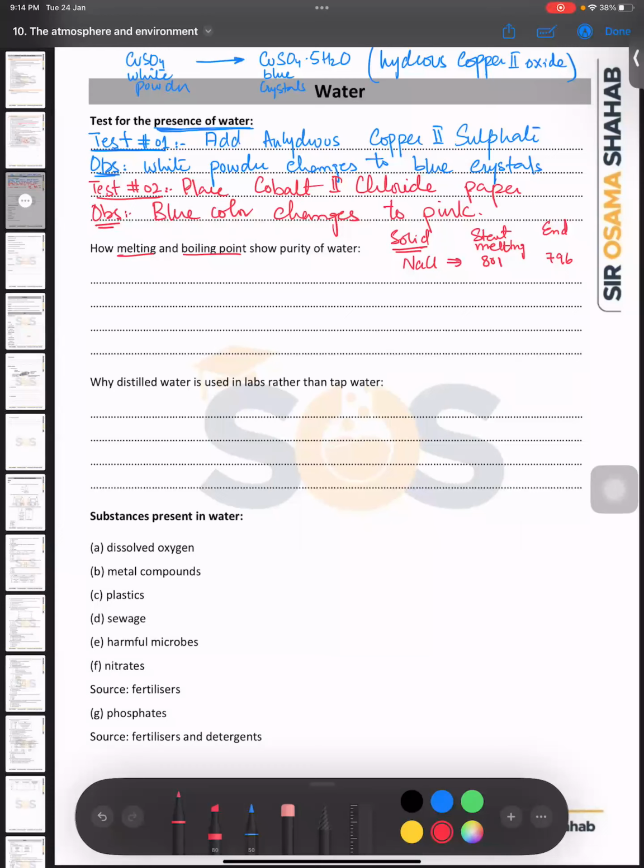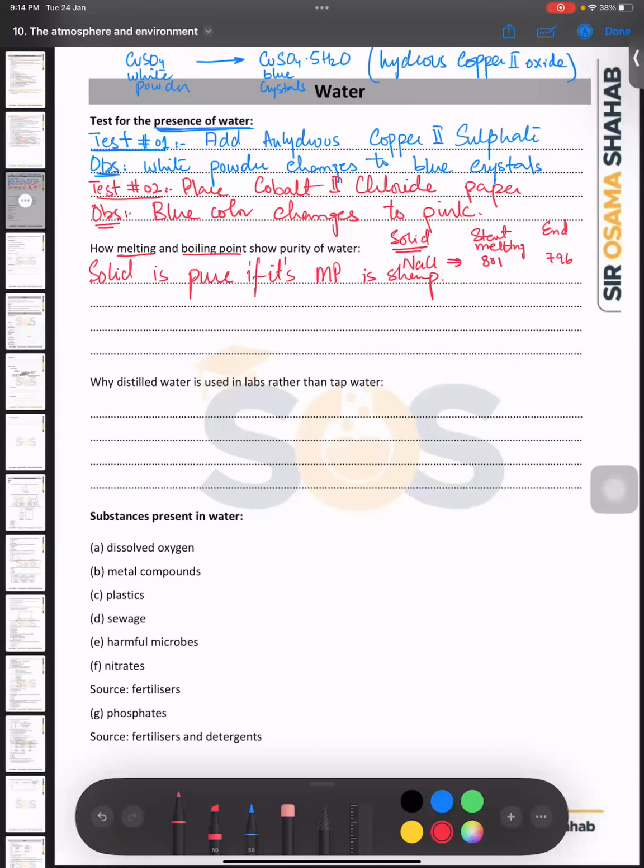The solid is pure if its melting point is sharp.